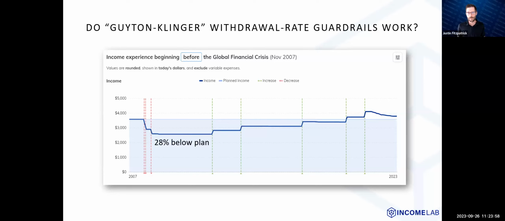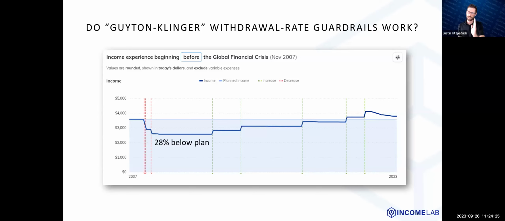If I started those withdrawals in November of 2007, just before the global financial crisis, I end up at the worst point 28% below my plan. I have 3 income decreases before I start recovering again. You'll notice that when the plan is 15 years or shorter, we're not going to see those red lines because we don't do the guardrail-based adjustments at that point.